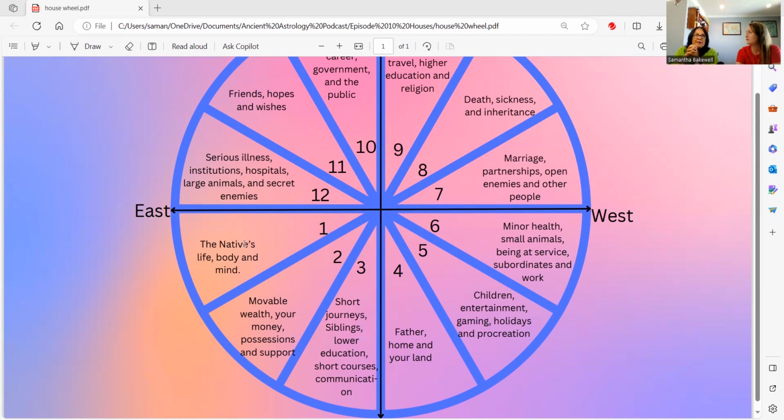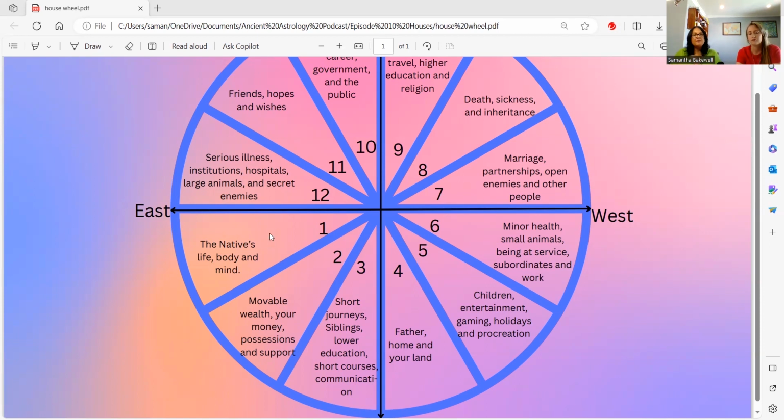So the ancients would liken it to a boat or ship. Let's say the ship was the first house, and the steering of the ship would be with the lords of the ascendant. So how do you steer your ship? Yes, the helm, they used to call it.